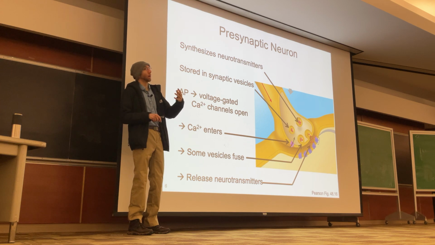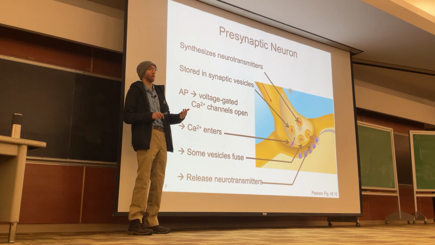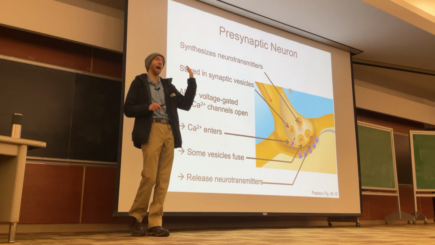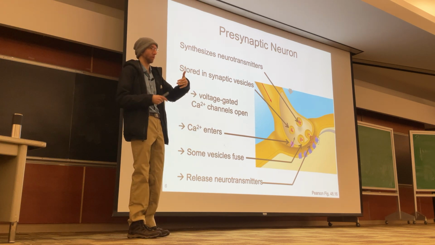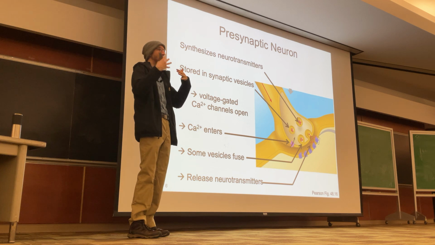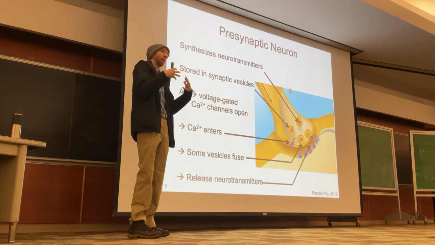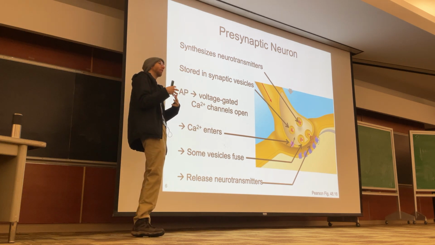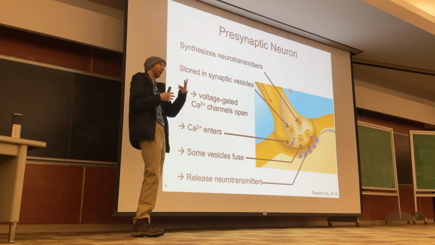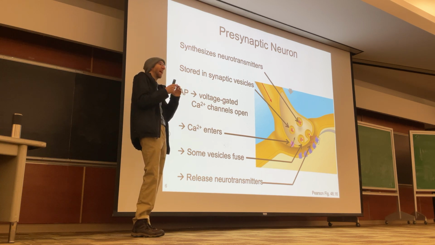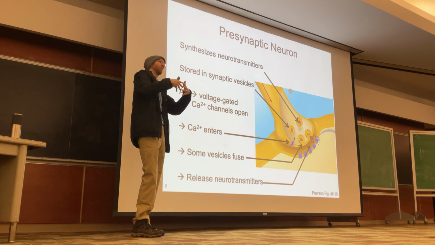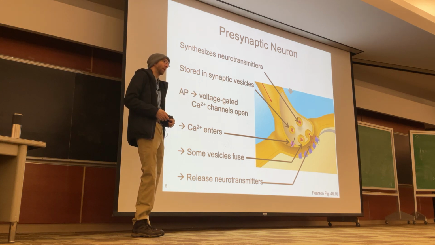Or the other option is that there's something specific about the way the phospholipids on the outside of the vesicles and the inside surface of the membrane interact with calcium. It's not just that it's a positive charge with 2 units of charge. It's specific to that ion that causes them to fuse together. I don't know what the answer is, but good question.